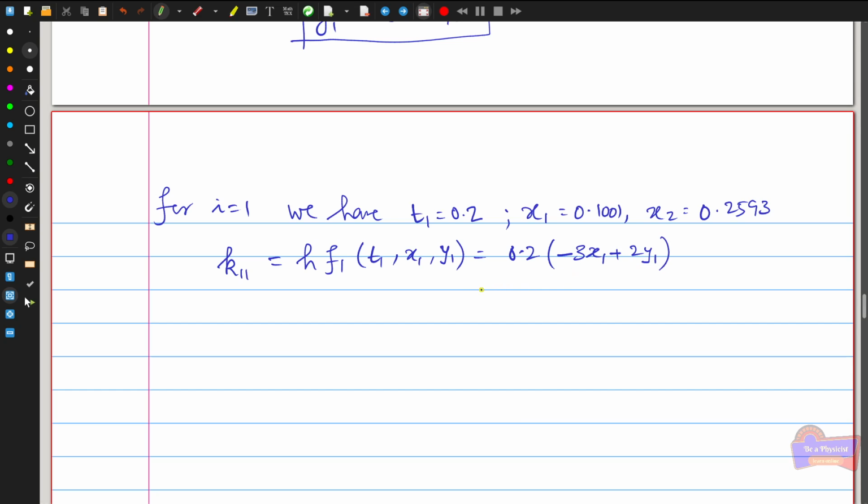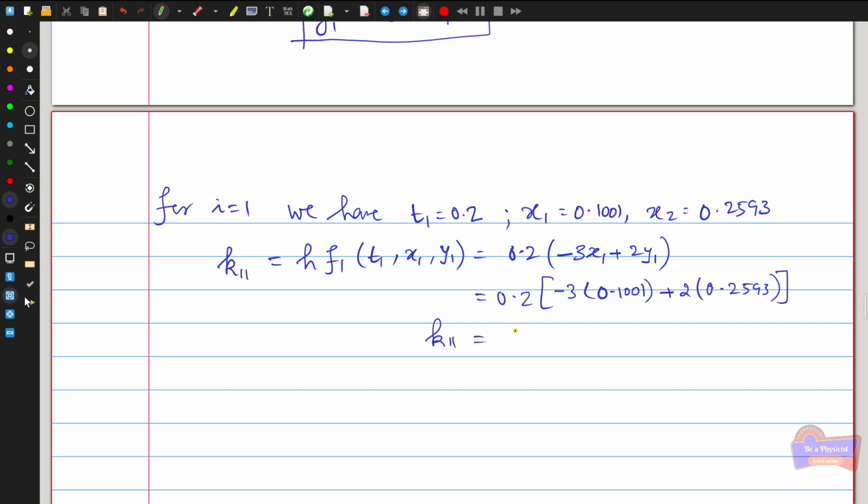Now I know these values, so I can write 0.2 times minus 3 times 0.1001 plus 2 times 0.2593. Now I can easily calculate k11, which has the value 0.0437. So that is my k1 value.